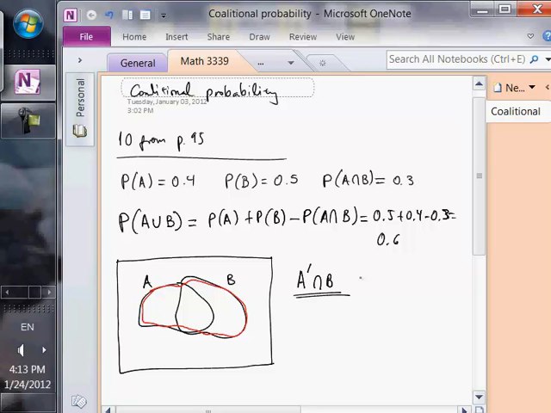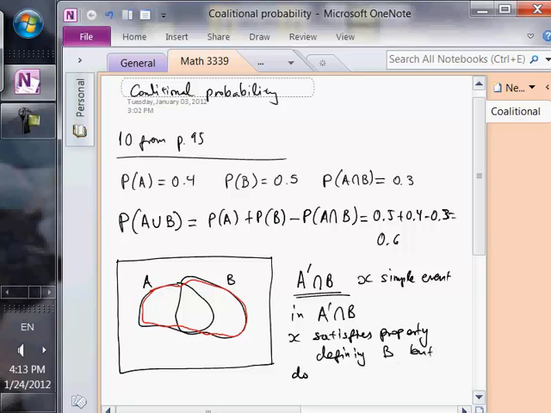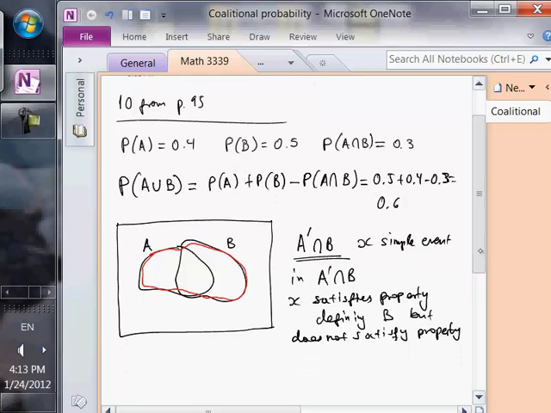Those simple events in A complement intersection B satisfy the property that defines B, but not the property that defines A. This is how we should interpret it, and I'm saying this because it gives us a good cue for today's lecture.